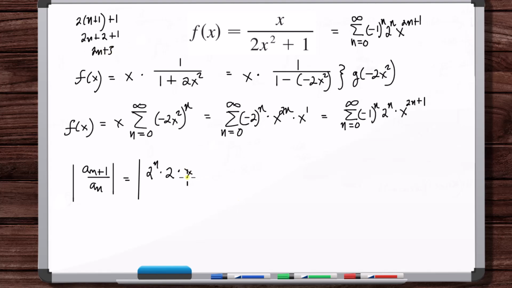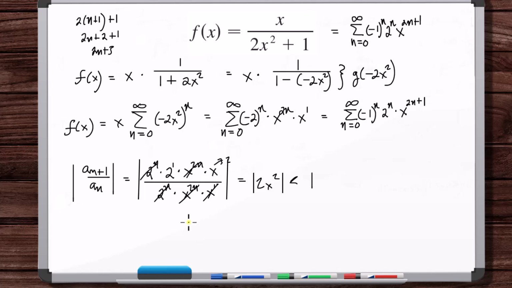So let's do this. X to the 2n times x cubed all over 2 to the n times x to the 2n times x to the first. So these cancel. We're left with 2x squared. This needs to be less than 1. So quadratic inequality.